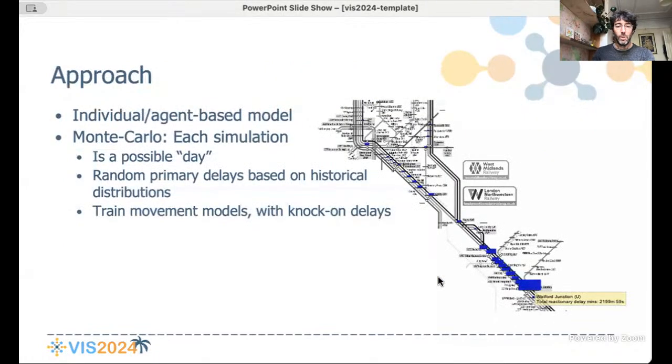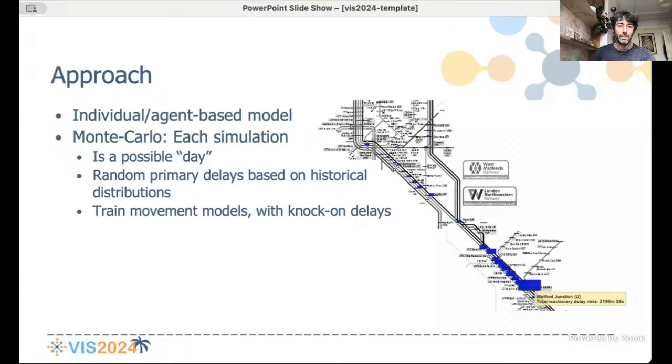Our approach to look at this was to do some agent-based modeling. We simulate the movement of trains on the network according to the timetable. When delays occur, the model will delay trains, and any interactions of trains will be modeled, and we end up with the actual times that they arrive in this model.